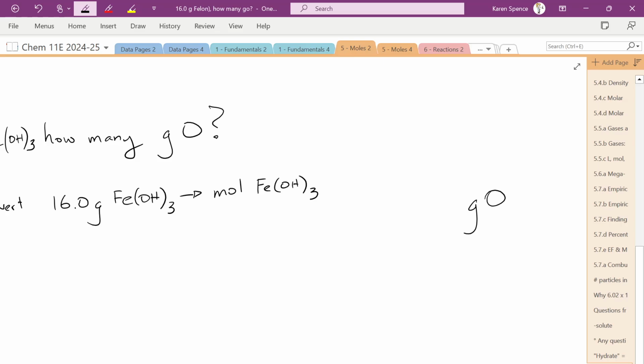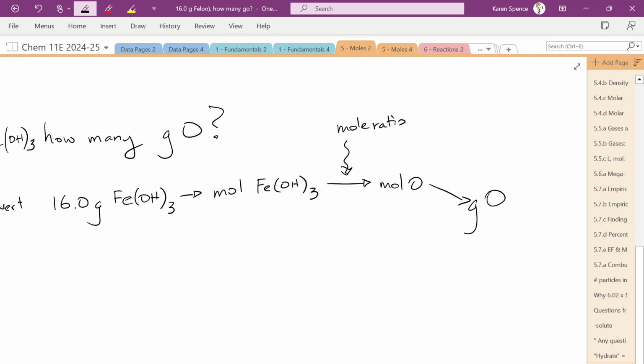You could use the mole ratio to take us to moles of O, and then from there, we could go to grams of O.